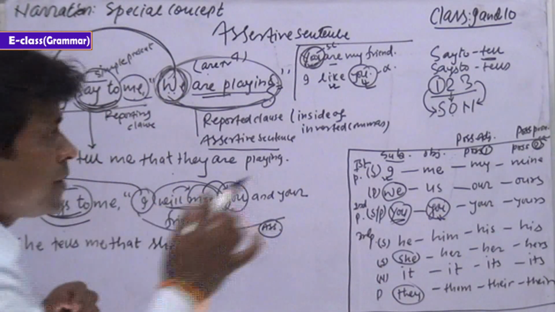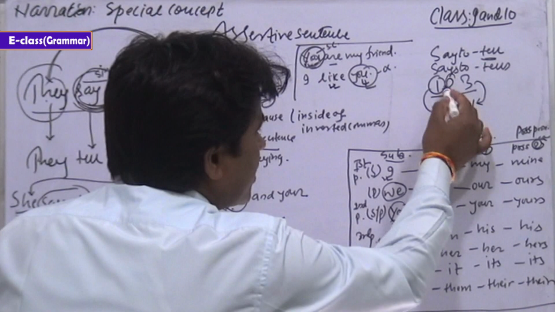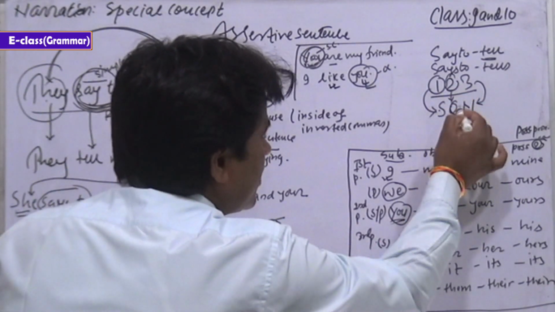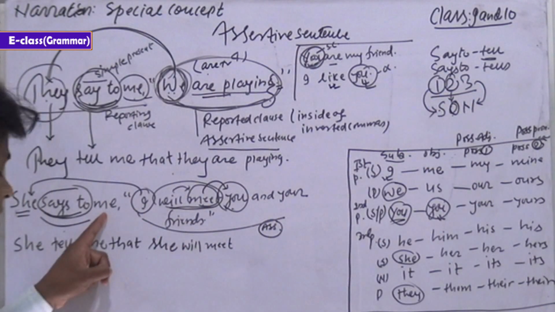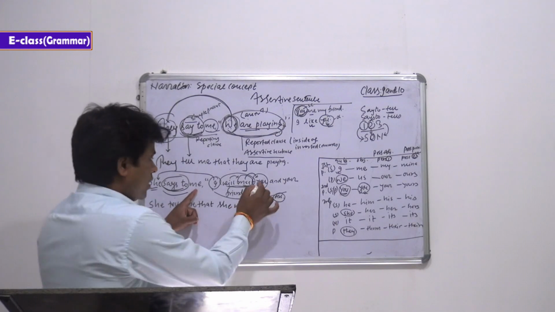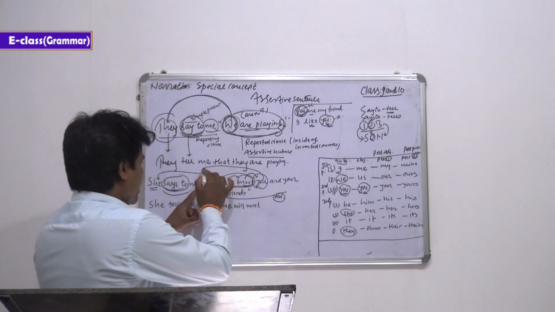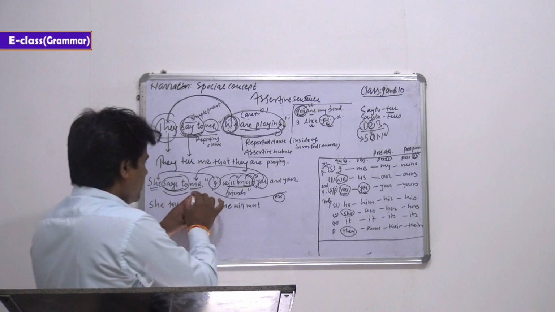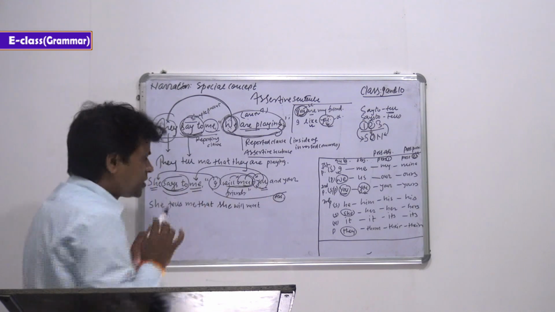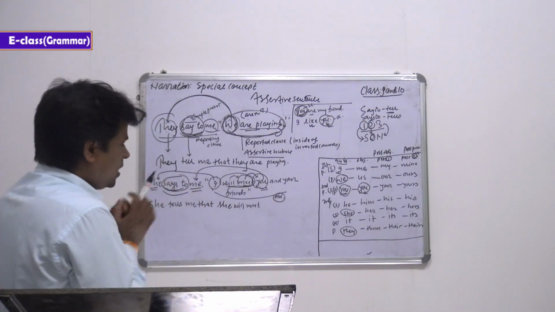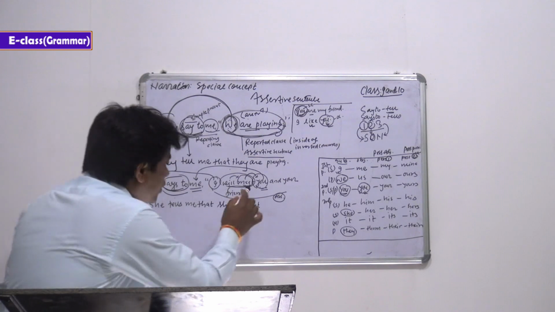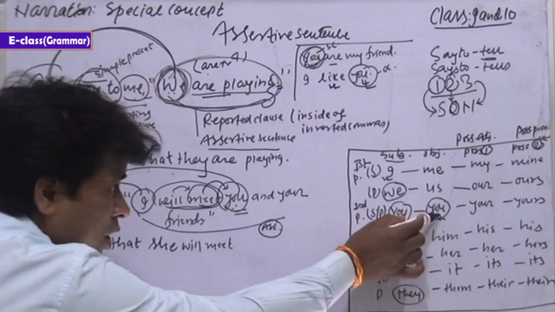Now how is the second person changed? See here, second person is changed according to the object of reporting clause. What is the object of reporting clause here? Me. So it will be changed according to the object of reporting clause here. Me and you. See now. Now let's study them. You, objective case, I have already told you.